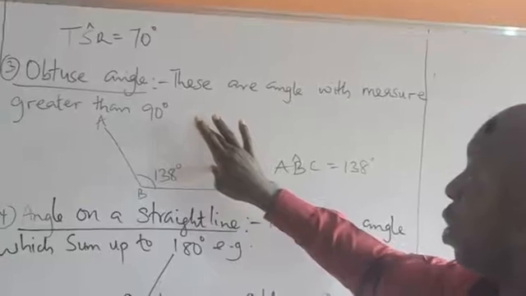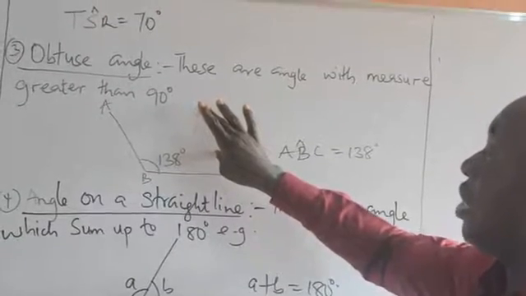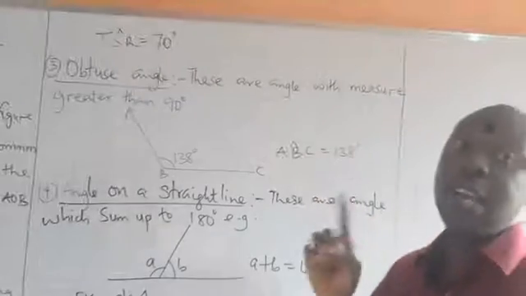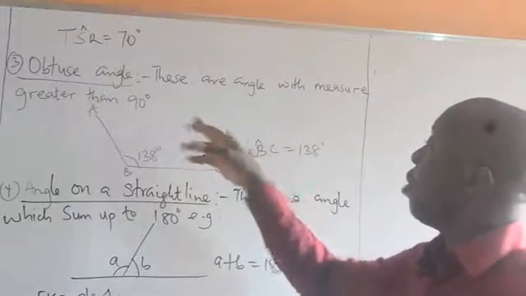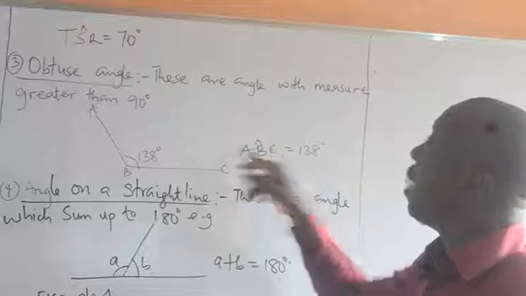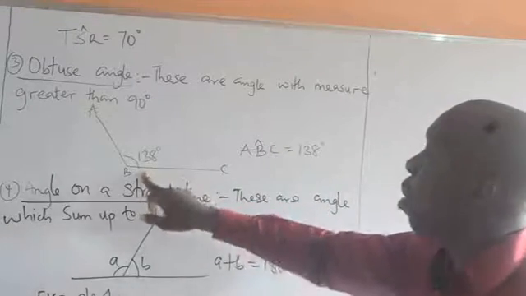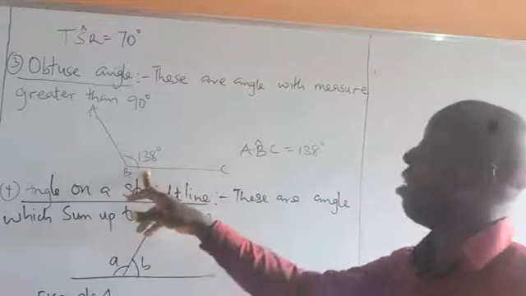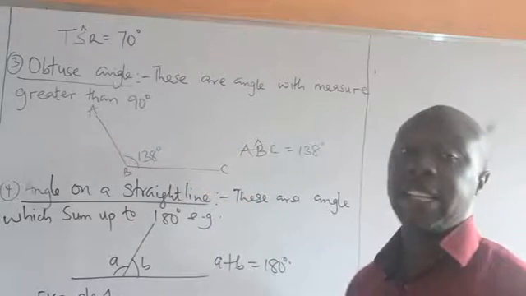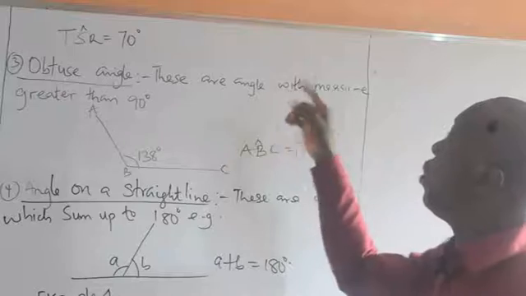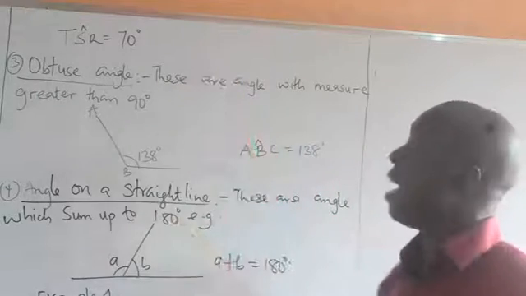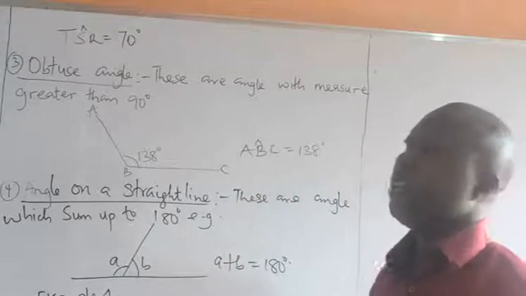An obtuse angle is greater than 90 degrees and also less than 180 degrees. We have angle ABC. If you look at angle B, it measures 138 degrees, which is greater than 90 degrees. So obtuse angles are angles with measures greater than 90 degrees.